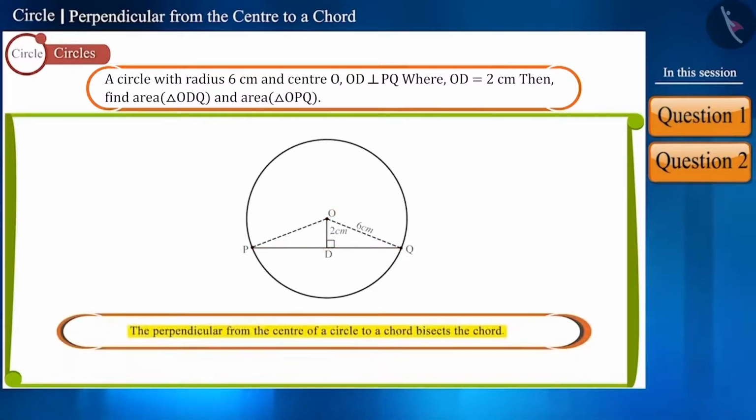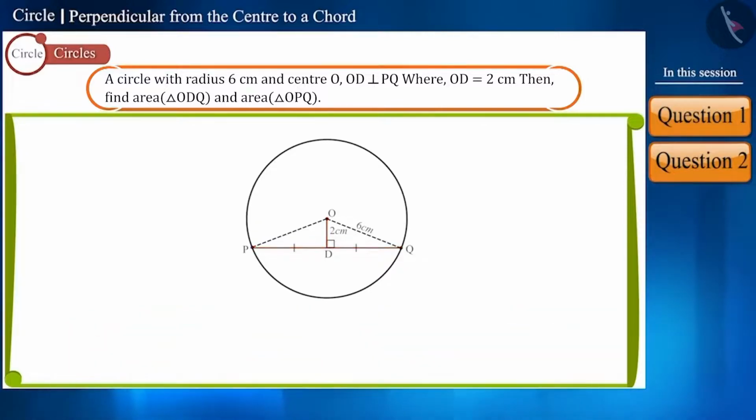Friends, we know that a perpendicular drawn from the center of a circle to a chord bisects the chord. Therefore, PD is equal to DQ and we can write PQ like this. We found DQ as 4 square root of 2 cm. So here, chord PQ will be 8 square root of 2 cm.